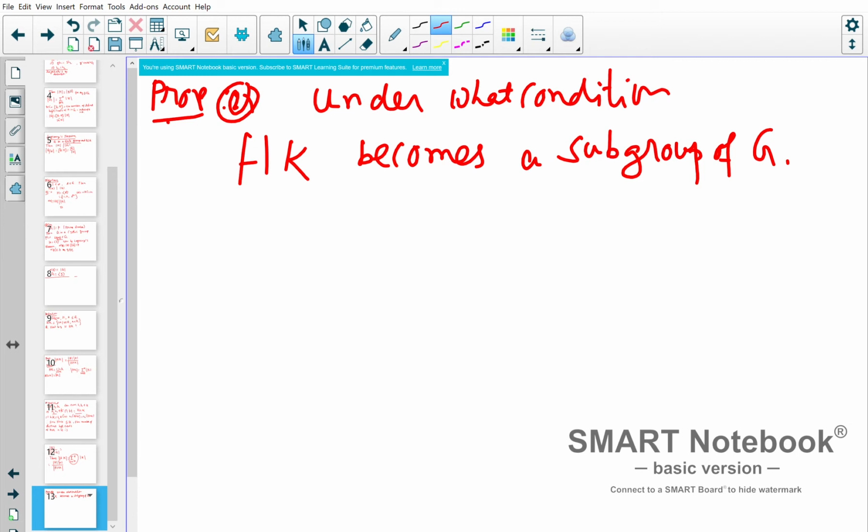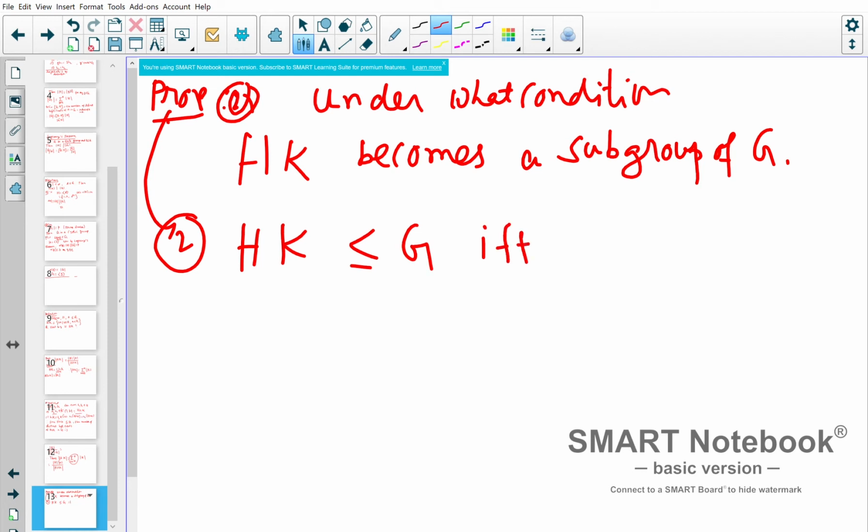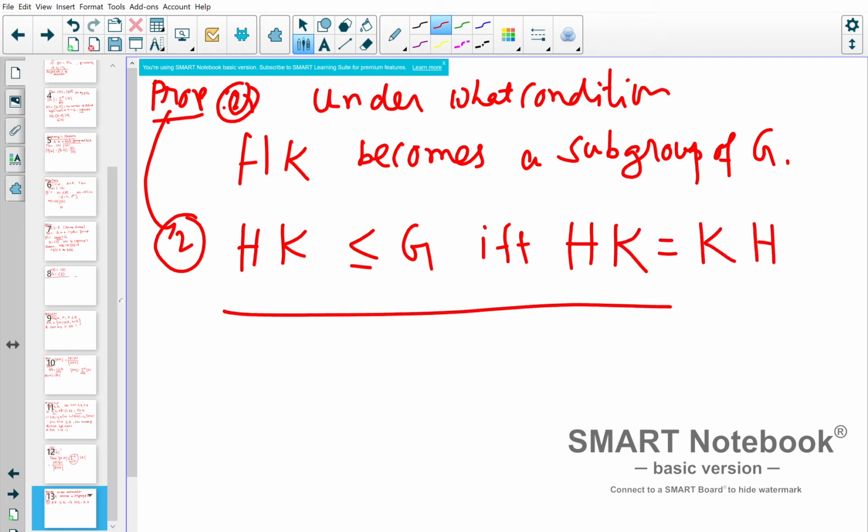So obviously there are many such applications. Now let me write down proposition 2: HK is a subgroup of G if and only if they commute. So what does that mean? HK equals KH. This is a very nice statement, right?